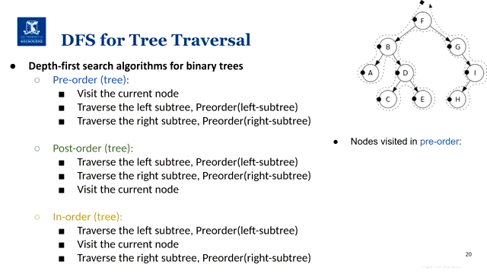So let's say we start with the root, which is F. First one is F. I visit F. Next thing I do, what do I do? I traverse left, and I visit B. I keep traversing left. A. I can no longer go.